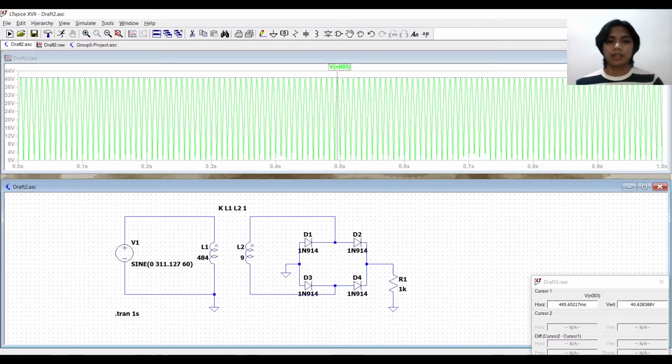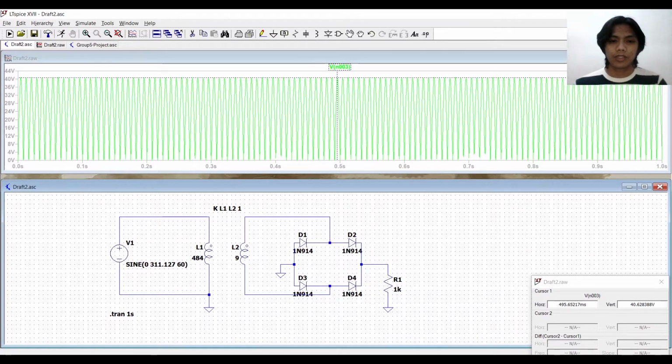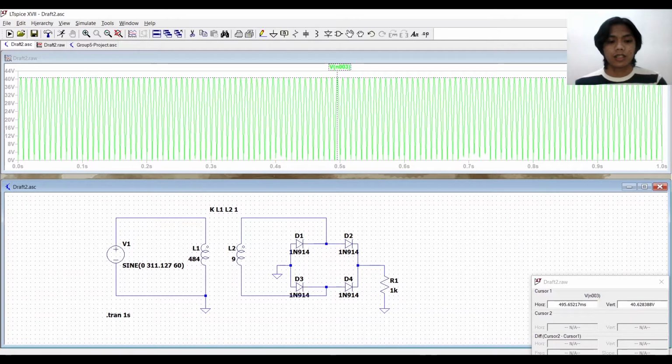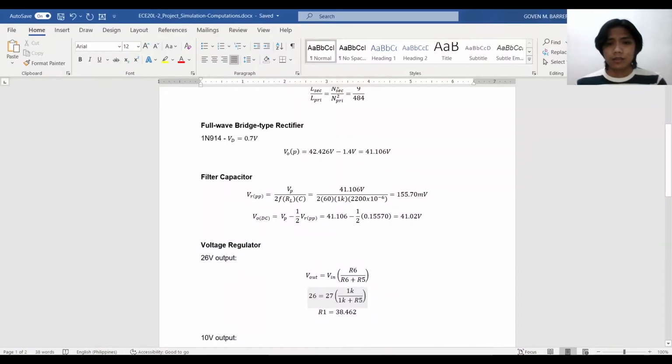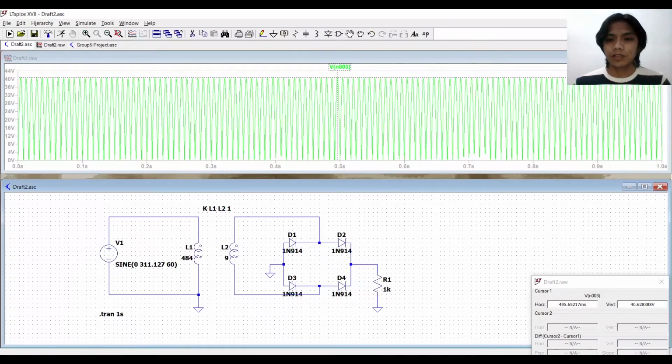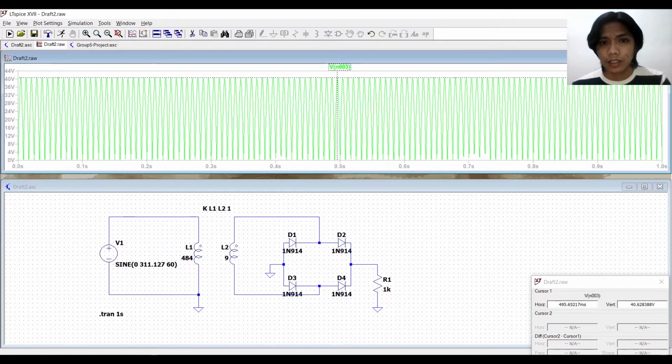The reason why that is 1.4 volts is because the current passes through two of these diodes at any instance of the alternating phases of the current. And so the value theoretically in the ideal setting would be 41.106, but in the simulation that I have shown you here, it is sort of close to that value.